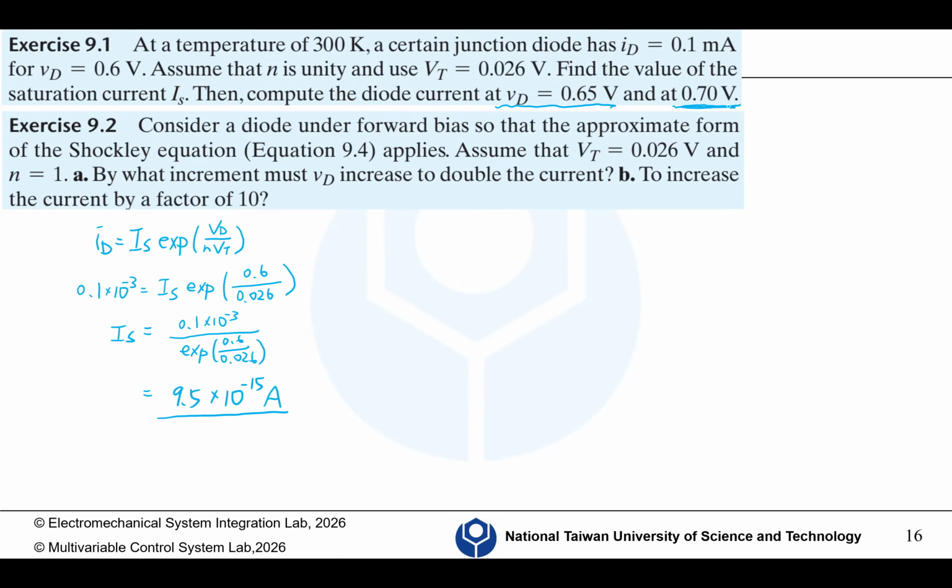B, to increase the current by a factor of 10, what increment must VD increase? I will just solve A for you, but you are always welcome to do it on your own. This is example 9.1.